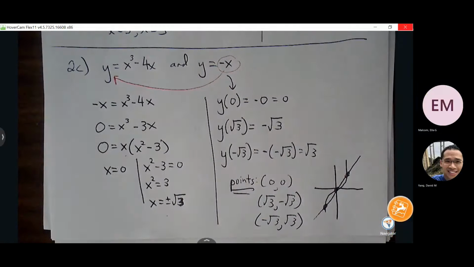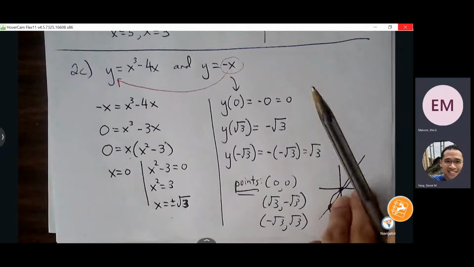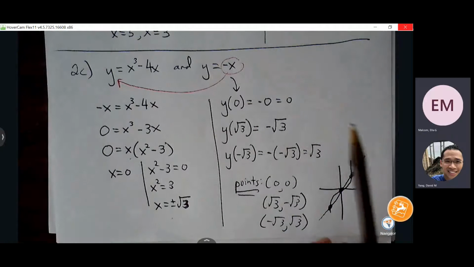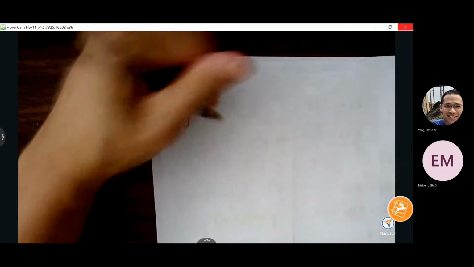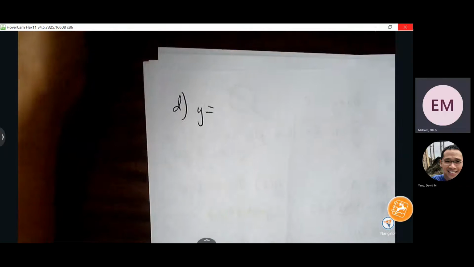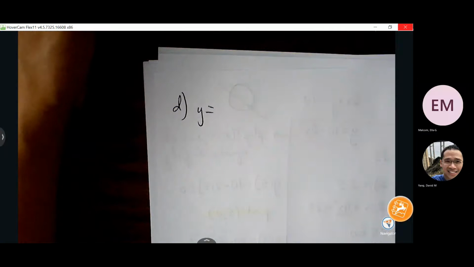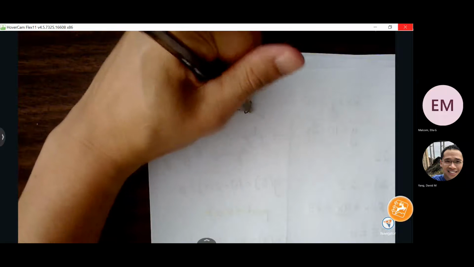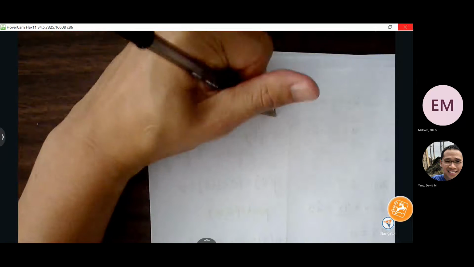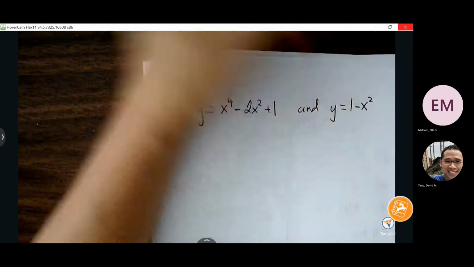That part wasn't too bad, right? But it's good to get all this factoring practice in. Okay, 2D.